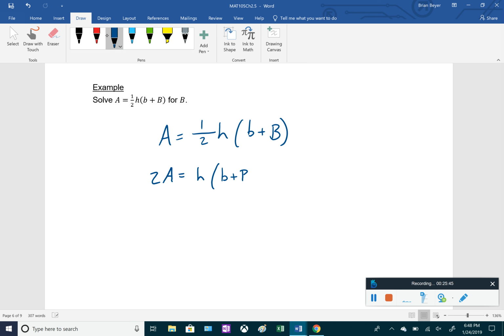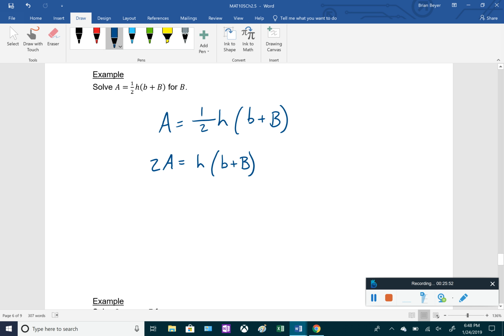I'm just going to skip showing my work out for this one for now. Next, we can divide both sides by H. Then we're going to be left with b plus capital B, and then we can drop the parentheses since that was the only thing over there. Okay, so all we have to do now is we need to get rid of that lowercase b.